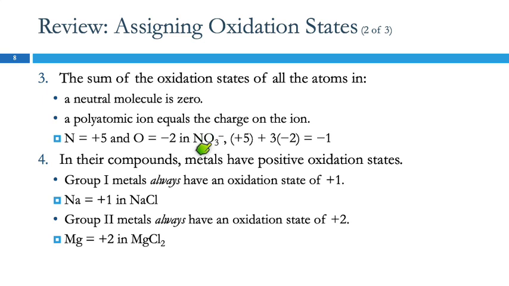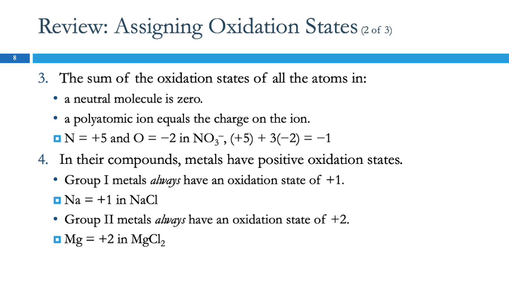The nitrogen and oxygen do not have ionic charges in nitrate, but they do have oxidation states, which you can think of as imaginary ionic charges. And so here, oxygen's going to have an oxidation state of -2. There are 3 of those, so 3 times -2. And then there's 1 nitrogen. The nitrogen's going to be +5. And when we add these together, they're going to equal the overall charge on the thing.